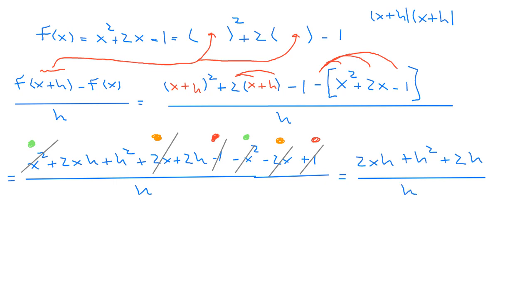Now, once again, we have to ask ourselves if there's anything that we can do at this point. Is there anything else we can do? And here we're dividing, and then there's some canceling that can be done by dividing.